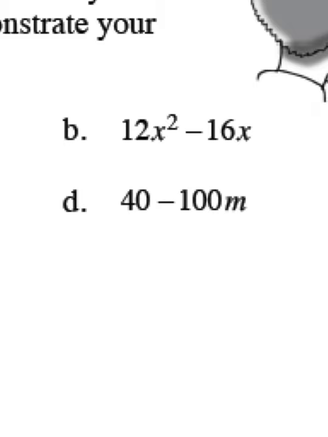If I start with problem D, 40 and 100 can both be divided by 10, but that's not the greatest common factor. They can also both be divided by 20. So I'm going to take out a factor of 20. 20 times 2 would make 40, and minus 20 times 5 would make 100, so 5m.